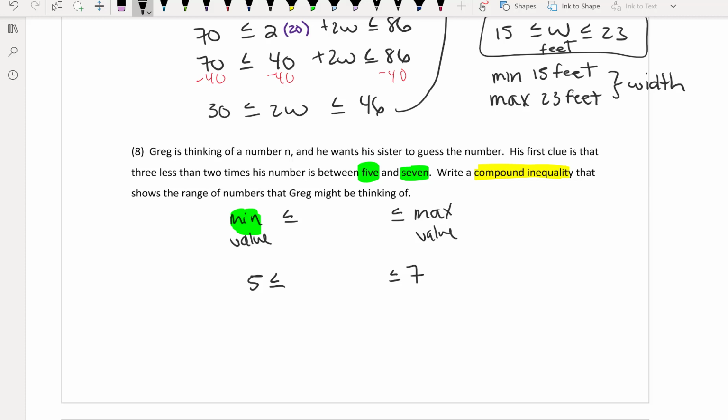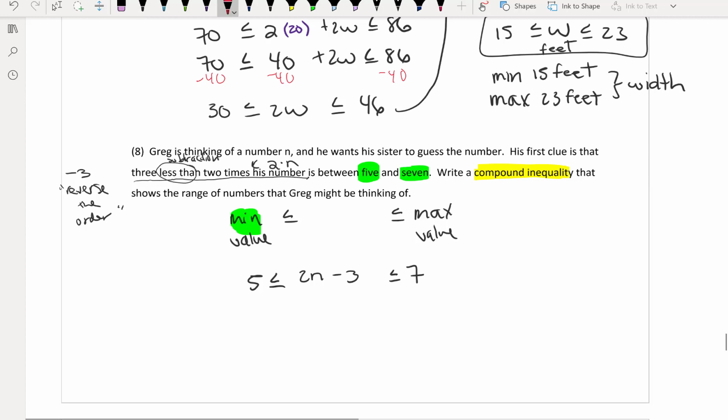It says that it's 3 less than 2 times his number. So 3 less than 2 times, so less than, that's subtract 3, and I'm going to reverse the order because it's less than, so I definitely know I'm going to be subtracting. And 2 times his number, I don't know his number, but he called it n. So now I'm going to have this as 2n minus 3.